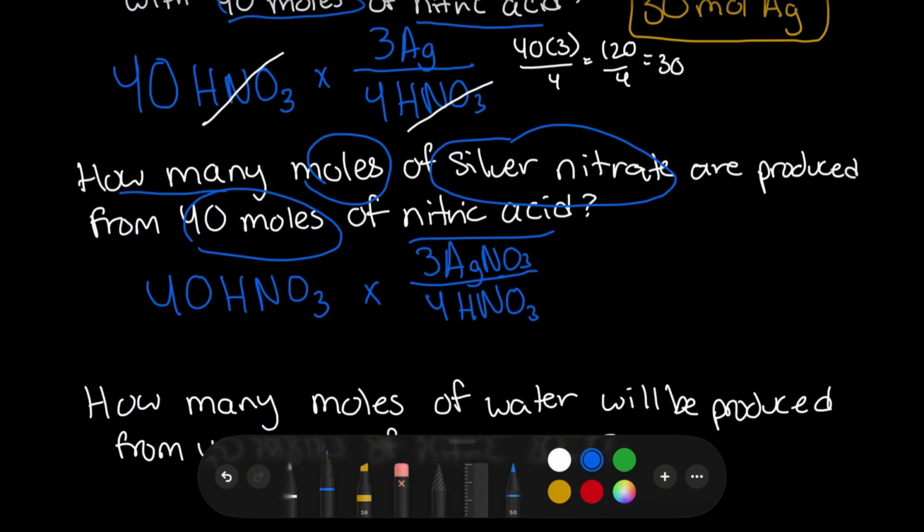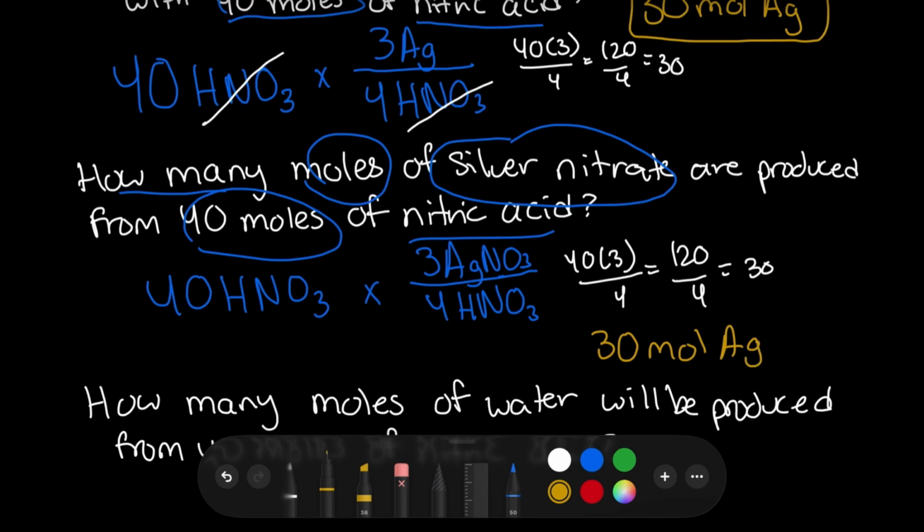It's literally the same thing: 40 times 3 over 4 is 120 over 4, which is 30 moles, but this time of silver nitrate, AgNO3. That would be your answer for that one.